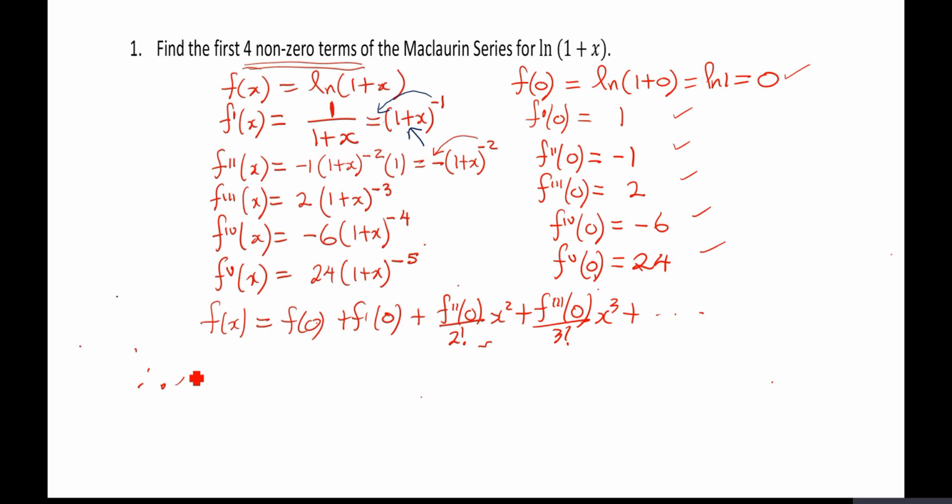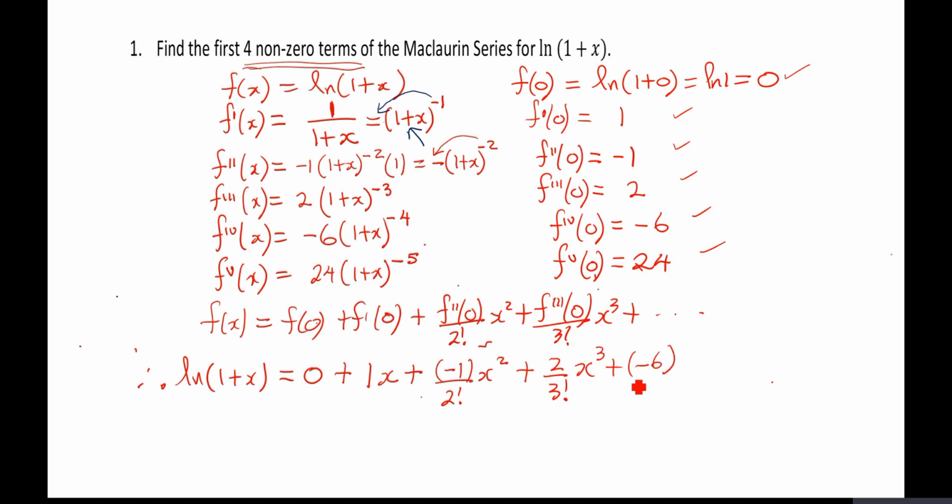Therefore, ln of 1 plus x is equal to, what's f at 0? That's 0. What is the first derivative? That is 1 times x. What's my second derivative? Minus 1 over 2 factorial x squared. Next derivative, 2 over 3 factorial x cubed.